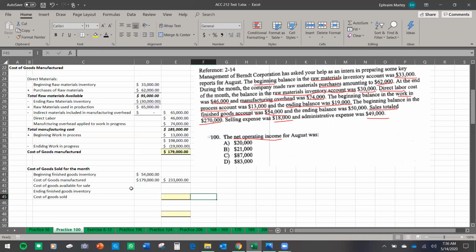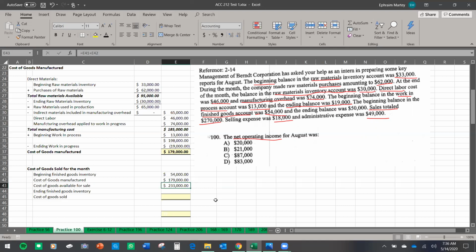So that is cost of goods available for sale. Let me move this here so it will be easy to see.